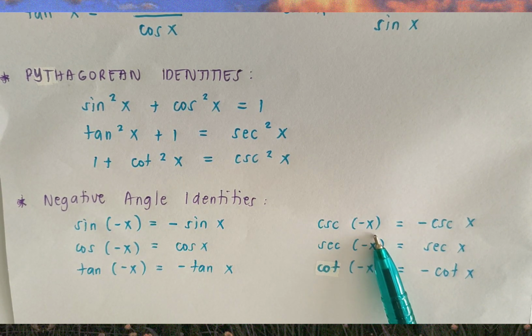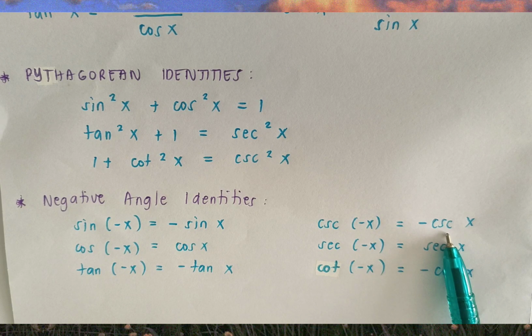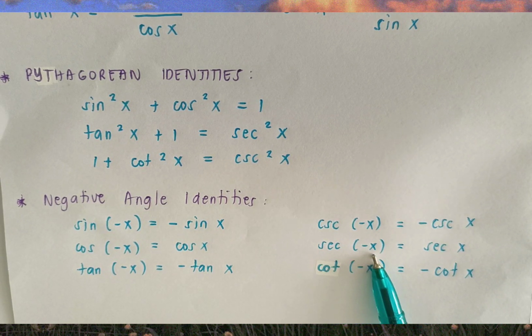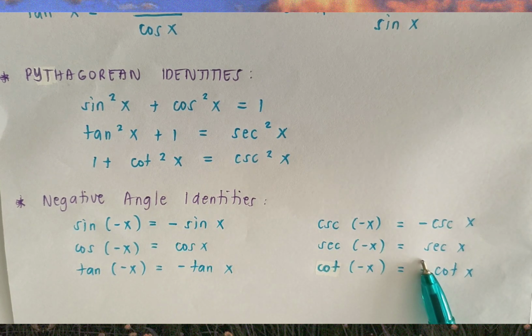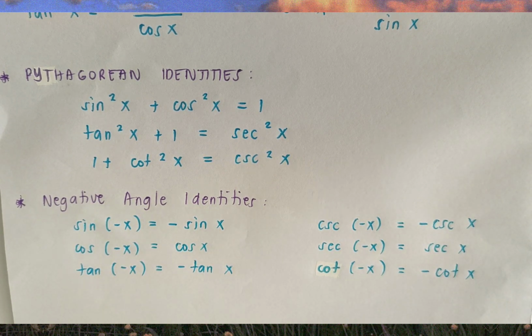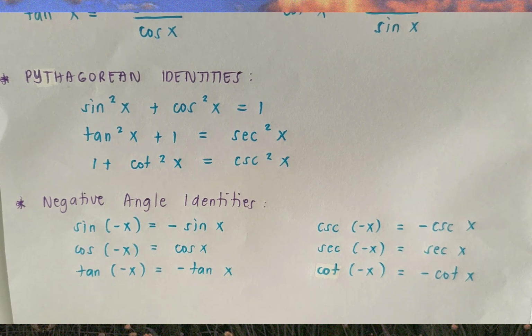Cosecant negative x, negative cosecant x. Secant negative x, positive secant x. And cotangent negative x is equal to negative cotangent x.